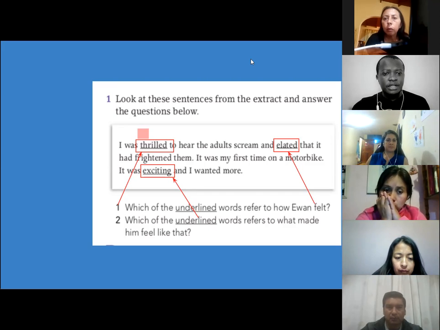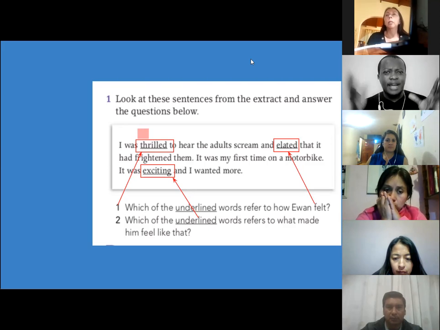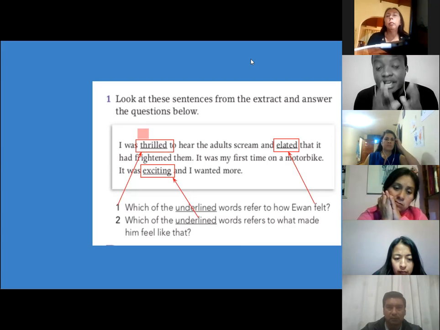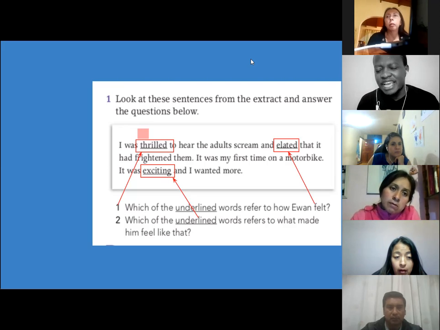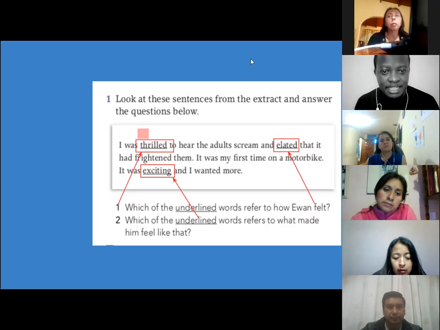Thrilled and elated. Thrilled means you are astonished, you are surprised, like watching an action movie and you don't know what's going to happen. That is a thriller. Elated means extremely happy. Instead of saying I'm very happy, you can say I'm elated or I'm delighted. That is an adjective which means extremely happy.